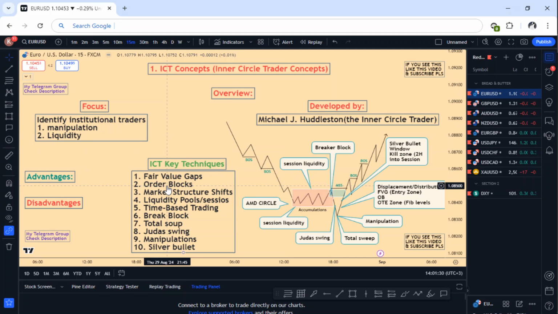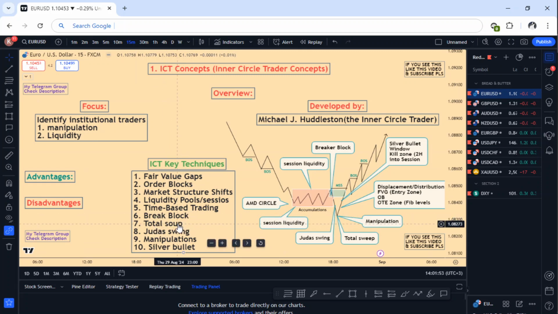Now there are key trading techniques that are very common in ICT trading: fair value gap, order blocks, market structure shift, liquidity pools or session liquidities, time-based trading, breaker blocks, and then we have the turtle soup.